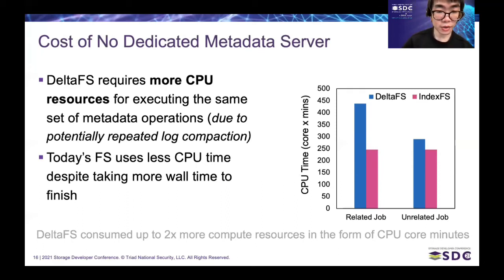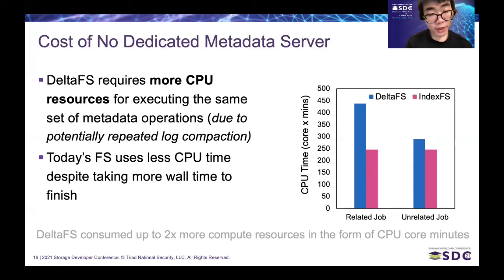The clients need to read all the required logs from the underlying storage, do compaction to speed up read operations, and execute all the file system queries needed by the program. While in the normal case, there is a dedicated server, and that server can do everything.